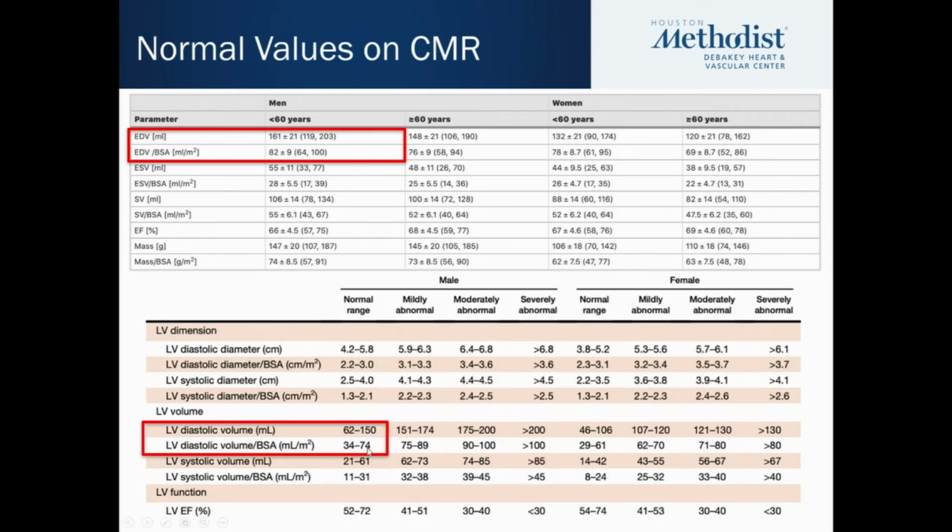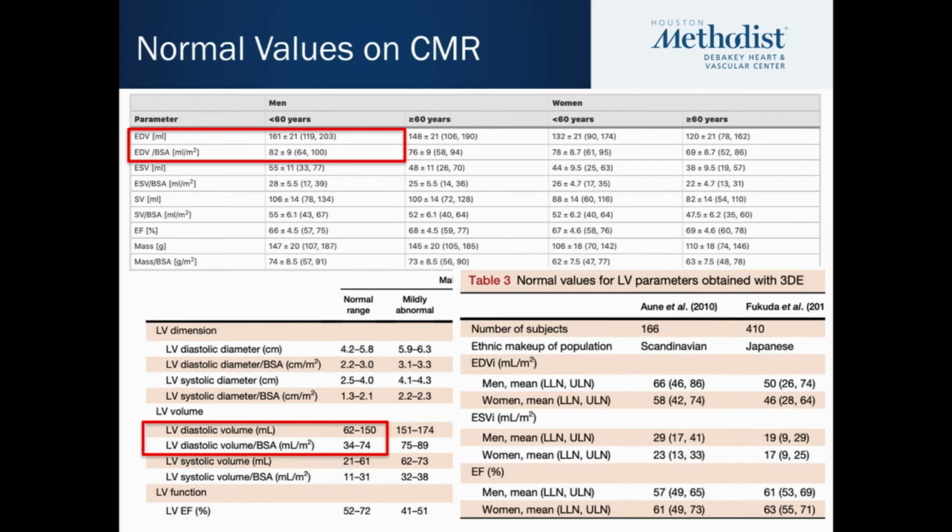Compare that to echo, the upper limit is 150, and that's quite a significant number. What about 3D echo? I will add also, if you index it, the CMR index is 100, and then the echo index is 74, and for 3D echo, the index number is 86. So it's 74, 86, and 100.